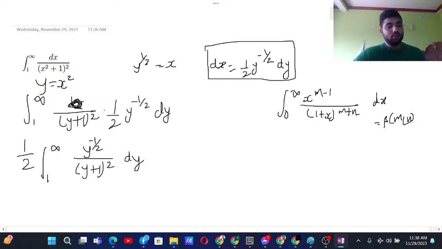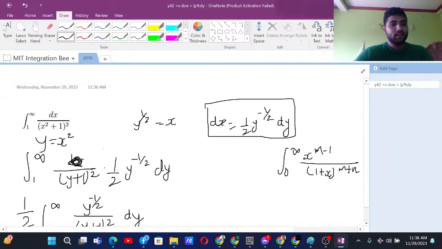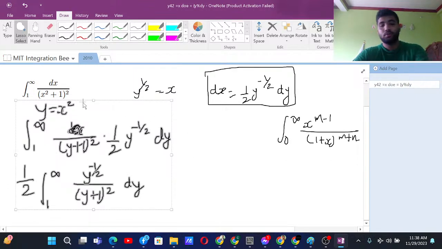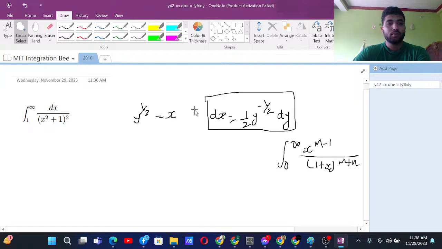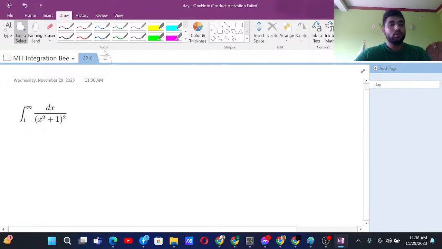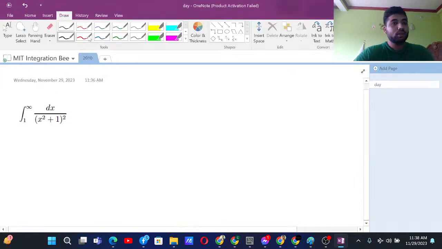But here it isn't from 0 to infinity, so this doesn't really work, and there's another method for doing this. That's why I prepared this before, because we have to try it multiple times, and not all processes are bound to work. Okay, so let me make another try, and then we will see comments as well.